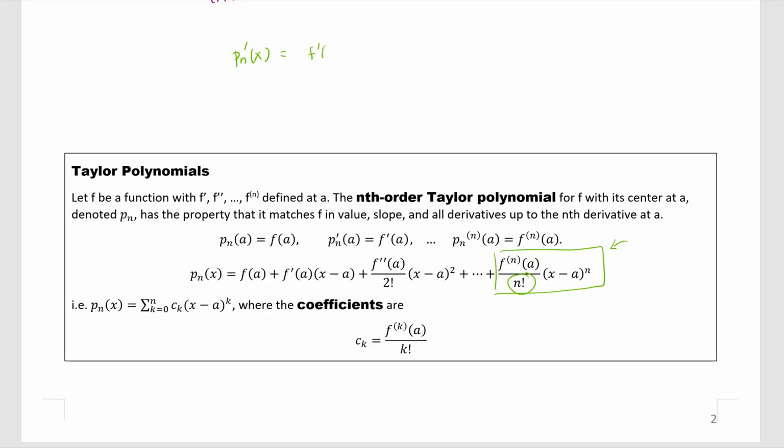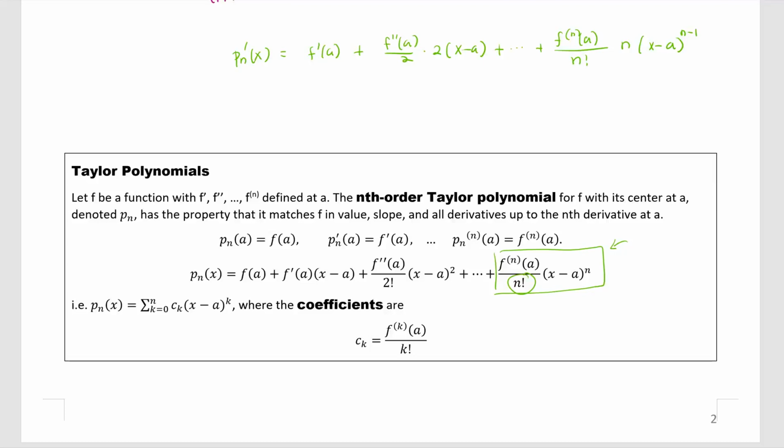And then f prime of a, derivative of x, is 1. And then next, we have the second derivative over 2. Derivative of x minus a squared is 2 times x minus a, right? And we have the higher terms. And then the last term, we get the nth derivative of a over n factorial, and when we differentiate, we get n times x minus a to the n minus 1.